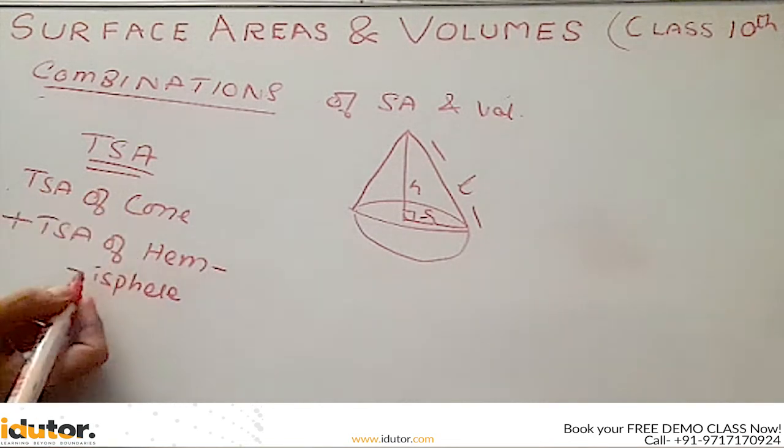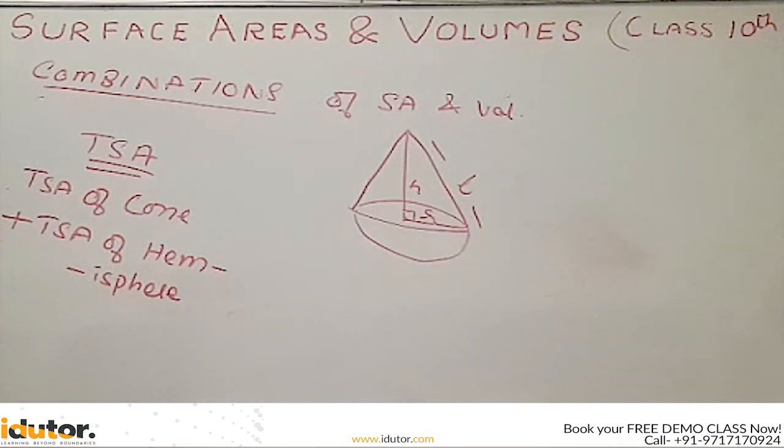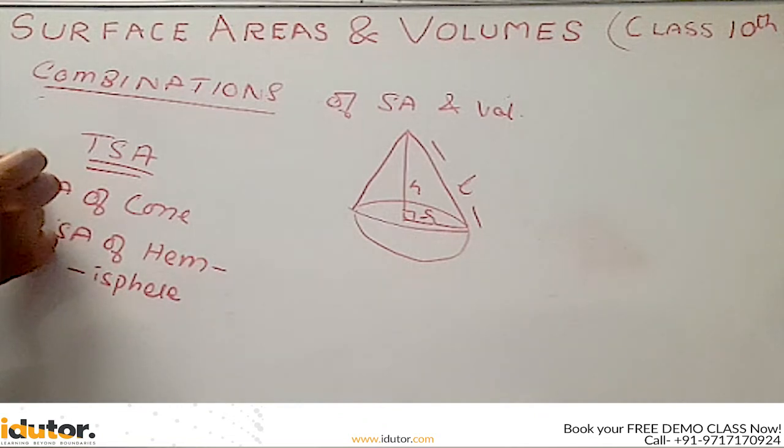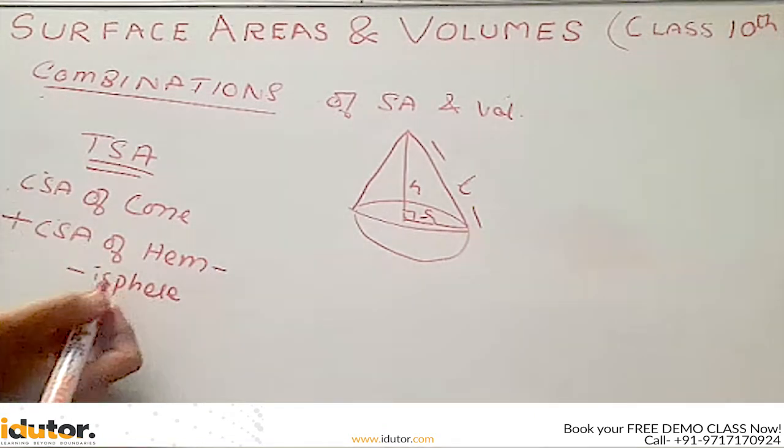So for both the figures, we have to find out the total surface area. Here, after discussing the surface areas of both of them, this is curved surface area. Both of them, we have to add.